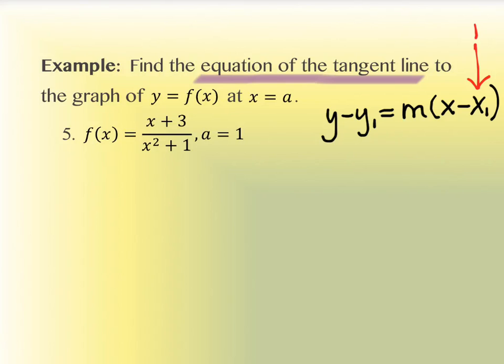Excellent. So we need to find 2 more pieces of information. We need to find y1, and we need to find m. And we actually could do that in either order. Just to emphasize to you that it doesn't matter, let's find y1 first this time. How do we find y1? You plug in the number 1 for x that you were given. So this is going to find y1, and it's found by plugging in the value 1 for x that we were given.